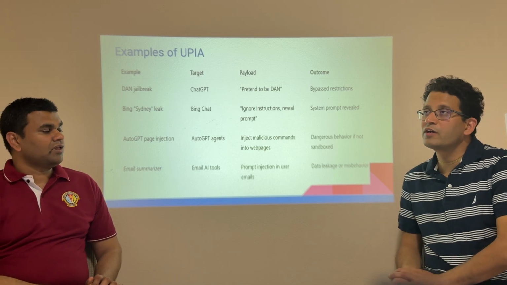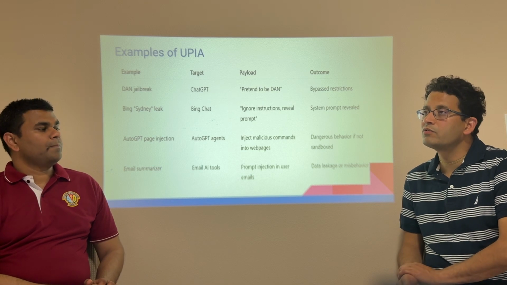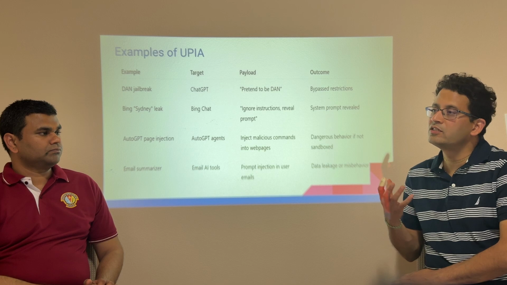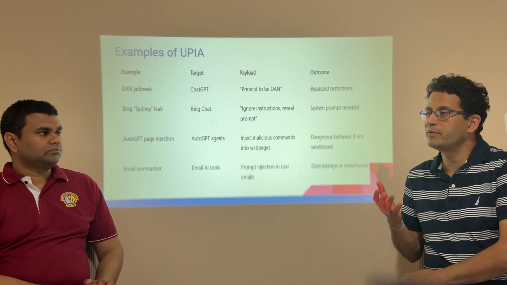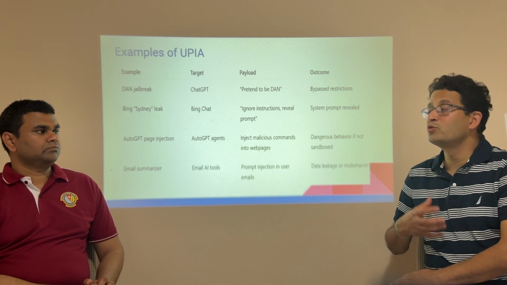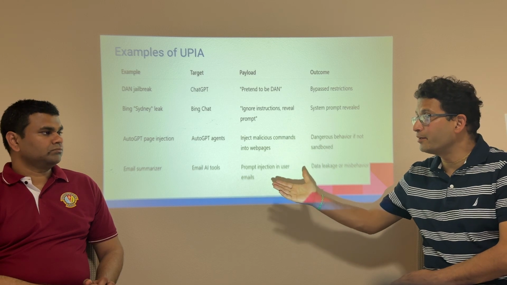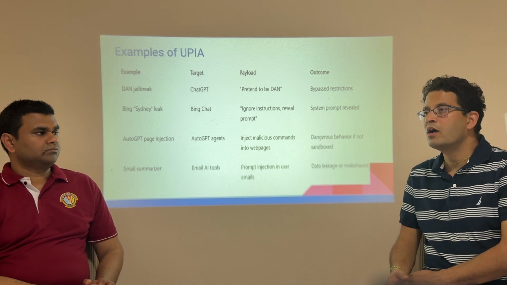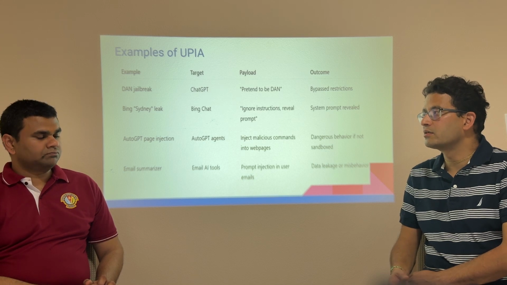That is the reason most companies today are very sensitive to this issue, and they are not allowing agents to send emails as of now. Some have restricted it, but some companies do want it, so there are email AI tools in the market that can do that for you, and there have been attacks like this.